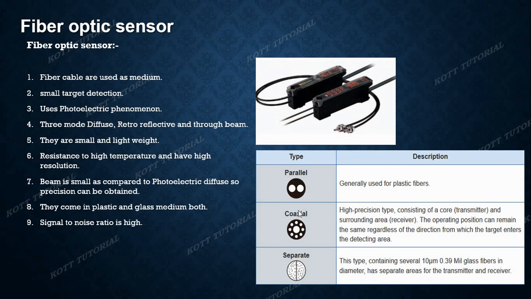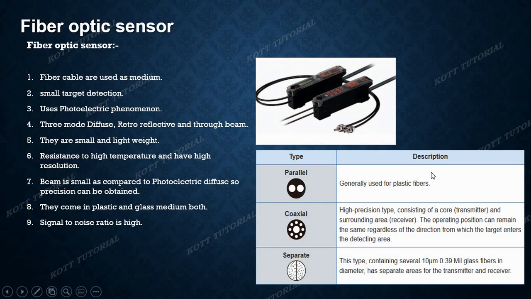Now over here there are a few types depending upon the manufacturing types. Most widely used photoelectric sensors in industries are of this type, that is parallel. The two white circles we can see here are nothing but the transmitter and the receiver.